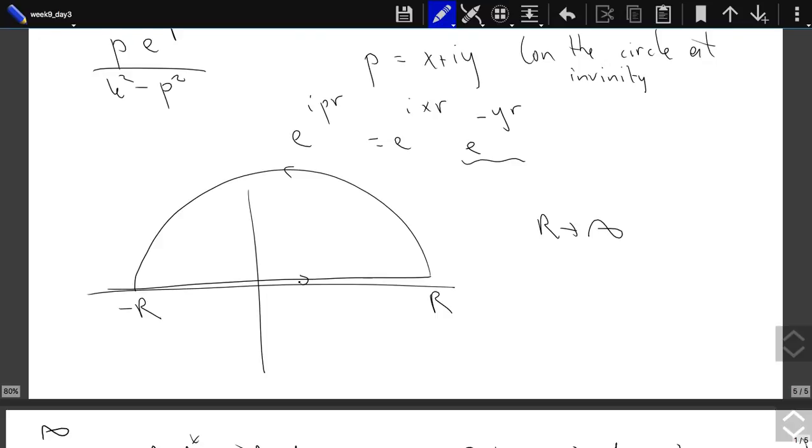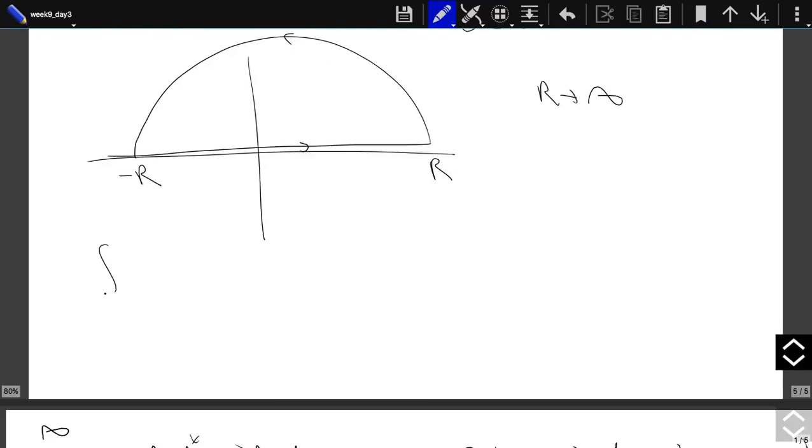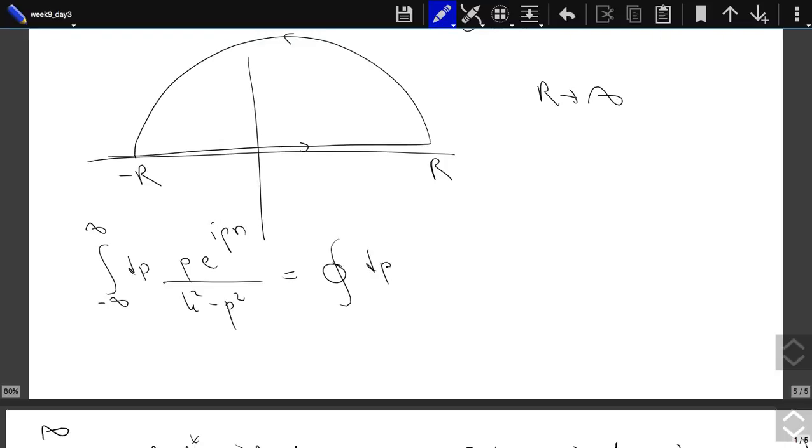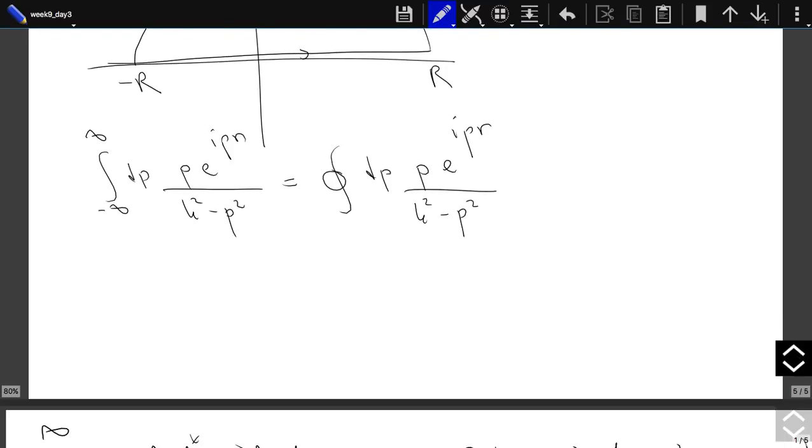Since I'm integrating over a closed path, the integral dp from minus infinity to plus infinity of p e^{ipr} over (k squared minus p squared) is an integral over the closed contour, and I know that this is nothing but 2 pi i times the sum over the residues.